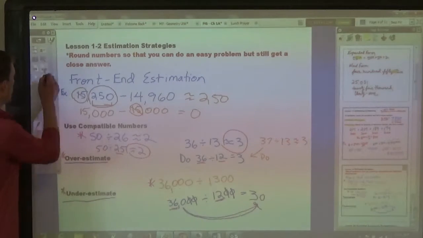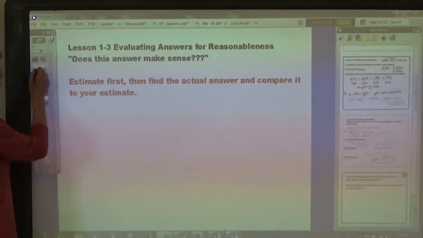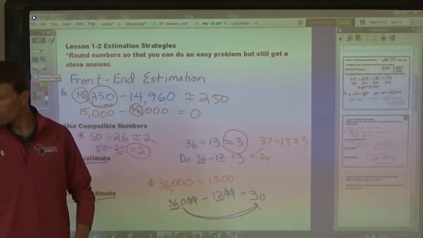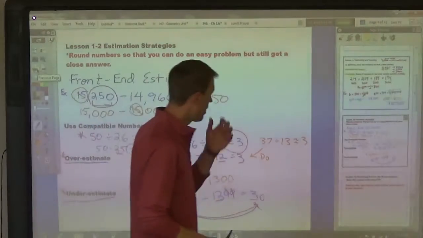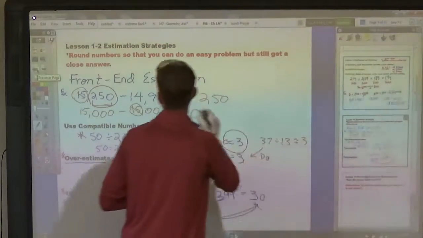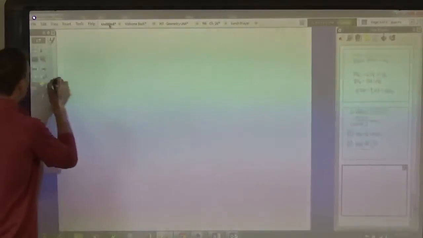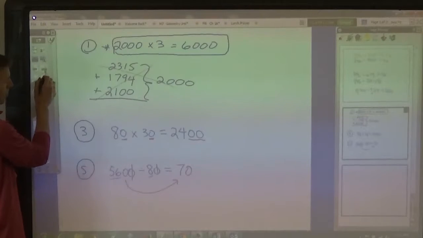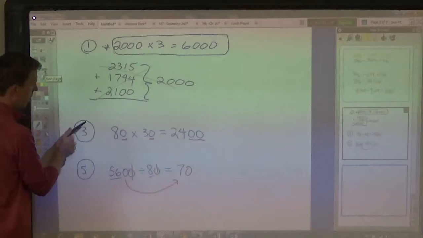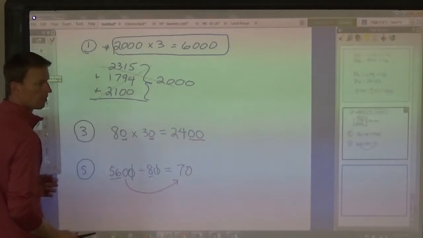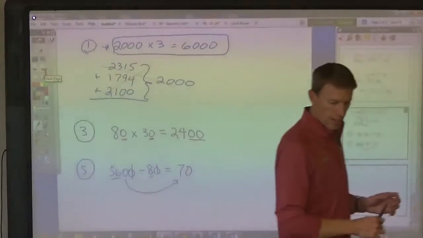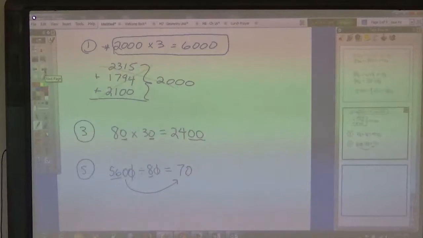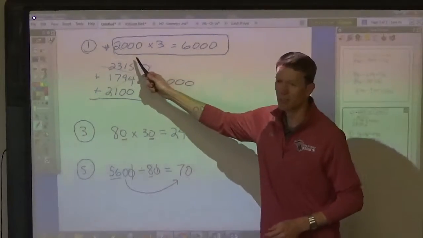All right, let's go to your assignment. We did some of them together. We did 1, 3, and 5 together. So all of you should have those correct. Number 1 was about clustering.